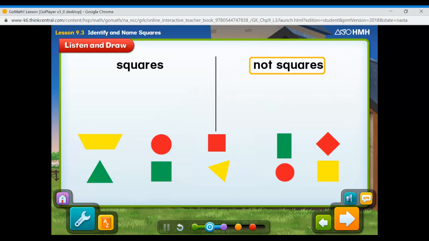And what's really special about the sides of a square right here, just like this yellow one, is that all of the sides are the same size. They are equal, all 4 of them. And they also have 4 corners, and a fancy word for the corners right here are called vertices. So a square has equal sides, 4 equal sides, and 4 pointy corners.